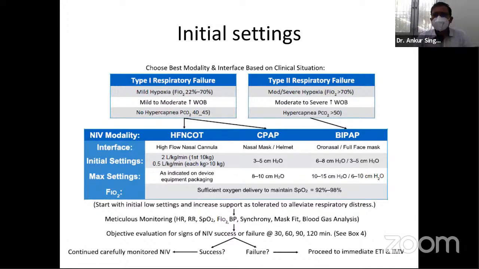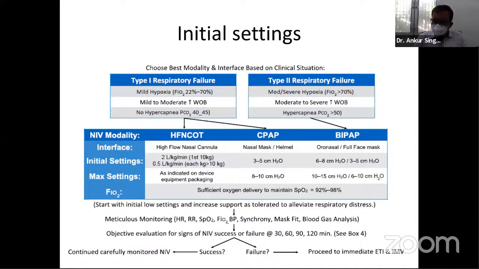In case of high flow nasal cannula, we have to titrate the liters per minute according to the weight of the child. For the first 10 kg, it is 2 liters per kg per minute. For the weight above 10 kg, suppose the child is 15 kg, the extra 5 kg is 0.5 liters per kg per minute.